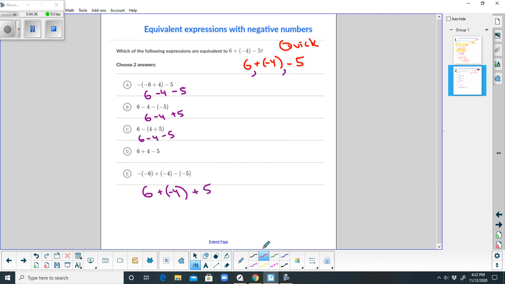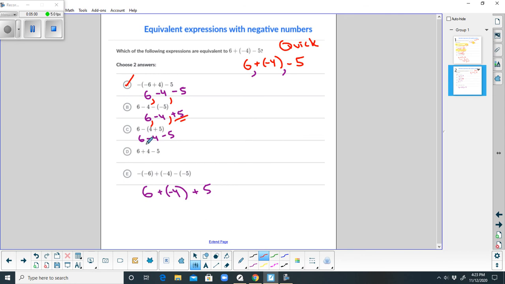So now I'm going to use my little commas, and the terms we're looking for are positive 6 and negative 4 and negative 5. This one has positive 6 and negative 4 and negative 5. That matches. This one has positive 6 and negative 4 and positive 5. We want negative 5, so this one is out.